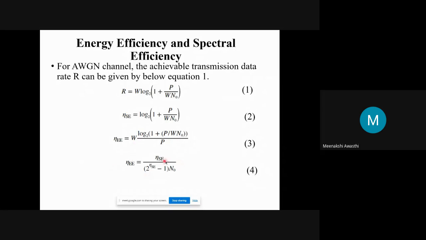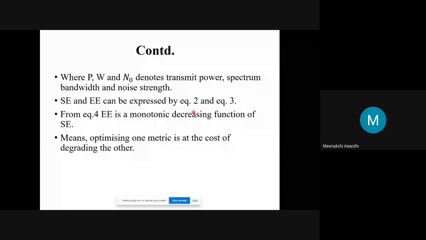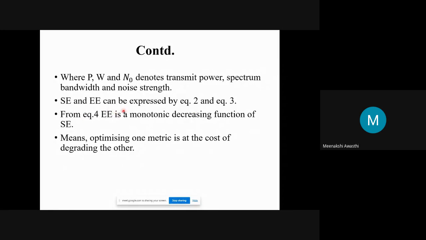Now, in the fourth equation, we have shown the relationship between the energy efficiency and the spectral efficiency. I'll be showing the relationship with the help of an illustration in the next slide. Spectral efficiency and energy efficiency can be expressed by equations 2 and 3.